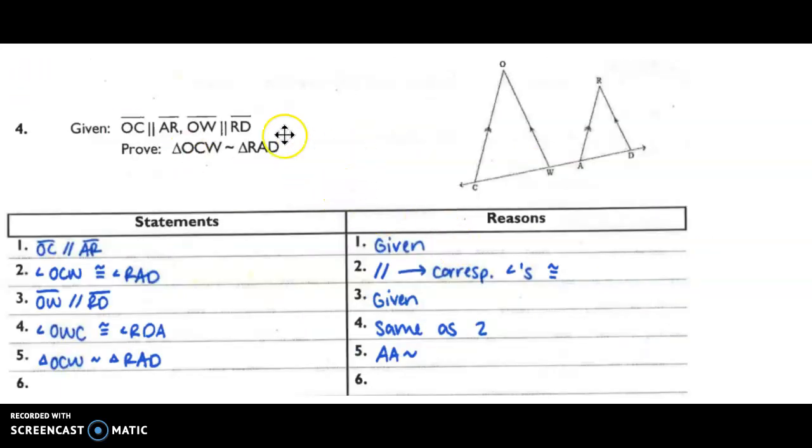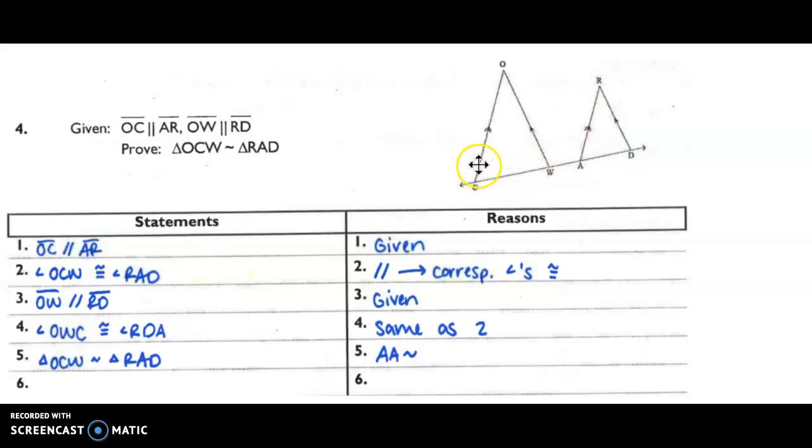And just a quick proof here. Okay, prove that these 2 triangles are similar. You know, we're incorporating parallel lines here from a few lessons ago. Okay, OC is parallel to AR, and OW is parallel to RD, right? And so look at statement number 2, OCW, so angle C right here, right? The acute angle is congruent to RAO because the line CD is the transversal that cuts through the parallel lines OC and AR, right?